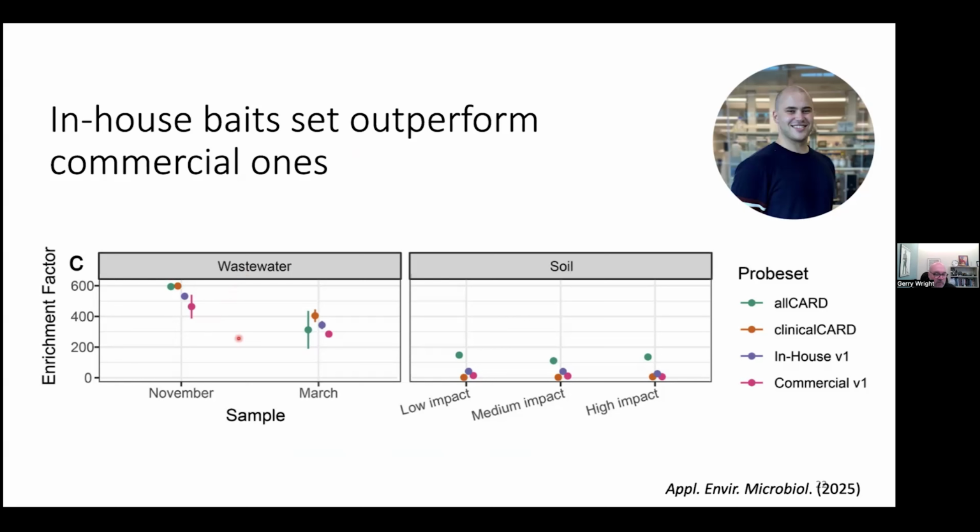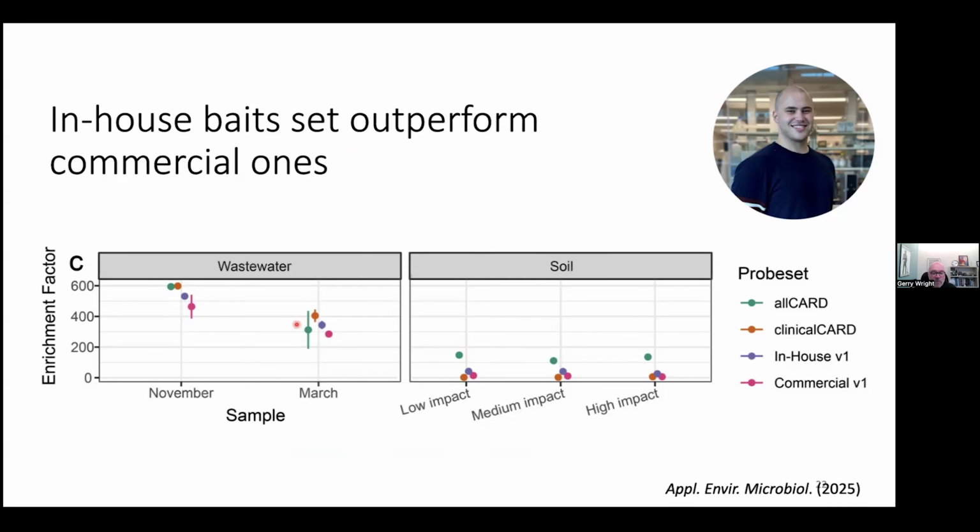Over two days, the green dots are when we make probes to all the resistance genes in CARD. The brown dots are when we just take a subset of about 350 that we assess are more clinically relevant. The purple dots are our in-house probes, and the pink are the commercial ones.